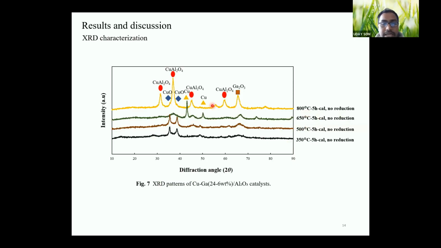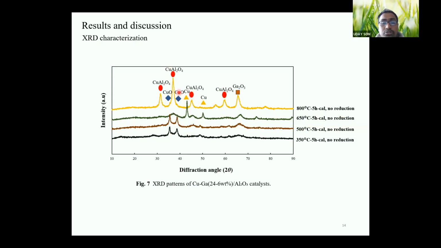If we see the crystalline peaks of the copper aluminum oxide, the peaks at 31.22 and 36.82 degrees were increasing at the 800 degrees calcination temperature, because the catalytic activity of the copper aluminum oxide catalyst surface area is larger.